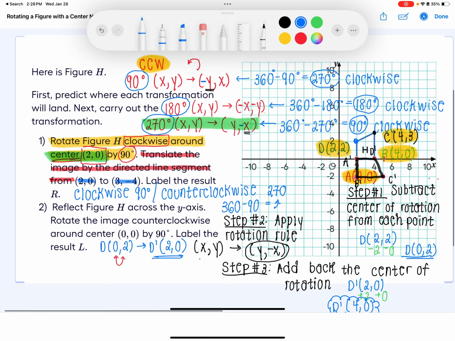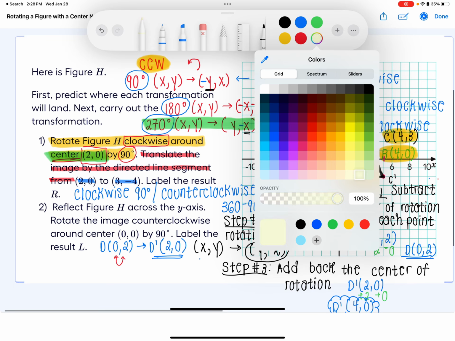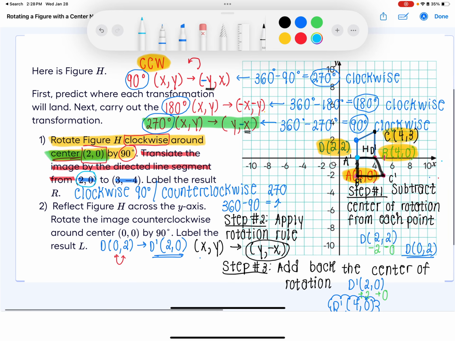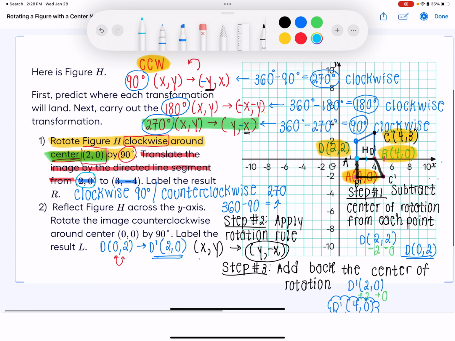So I have 2, 0 right here. Let's use a different color this time. I'm also going to plot 3, -4. So 3, -4 is going to be right here.